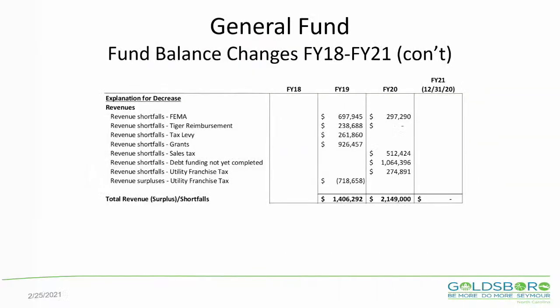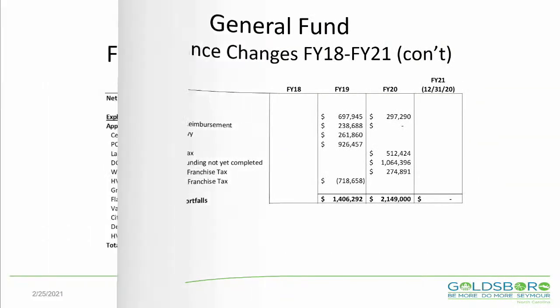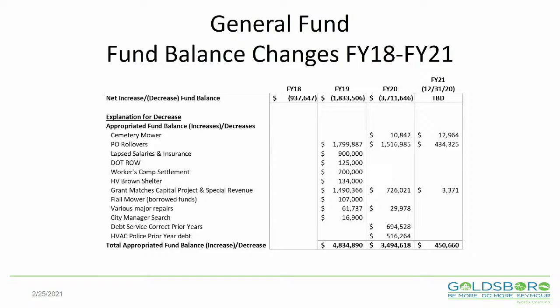Go ahead. Why is the debt service correction for prior years and the HVAC, why are they both in there for last year? I'm just curious. I know the HVAC was the police department, right? And those were prior years. So what happens is, because of the way it was accounted for in prior years, I hesitate to use the word, but the profit, if you will, from taking the debt, the revenue from the debt, had occurred in prior years.